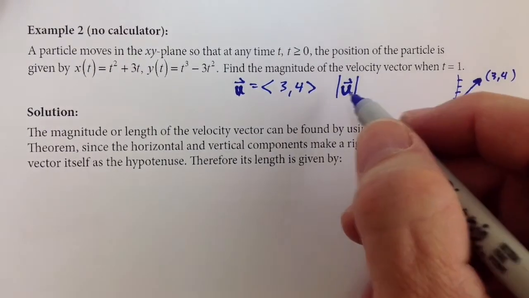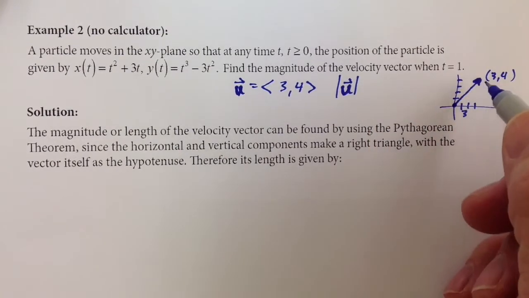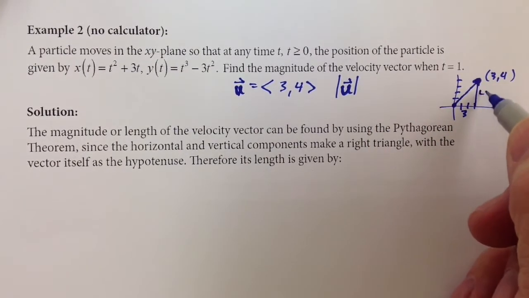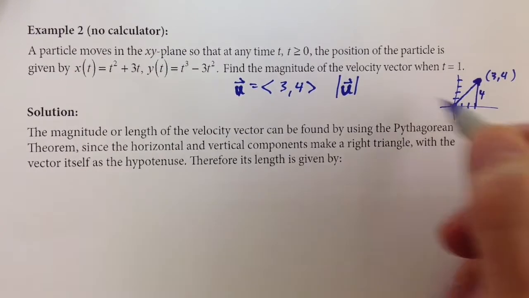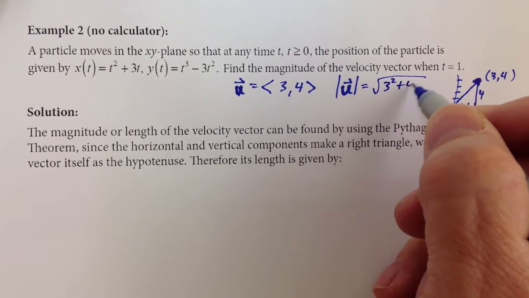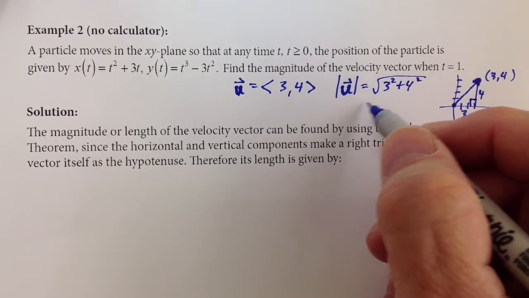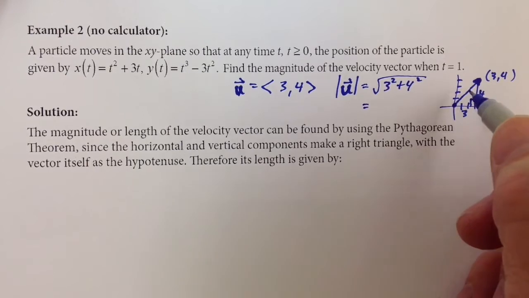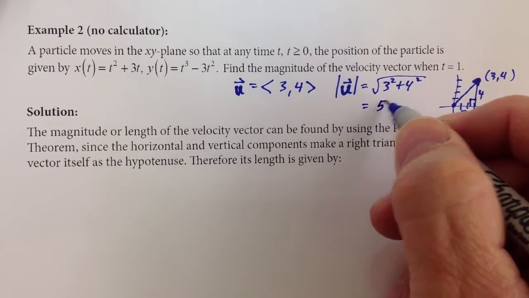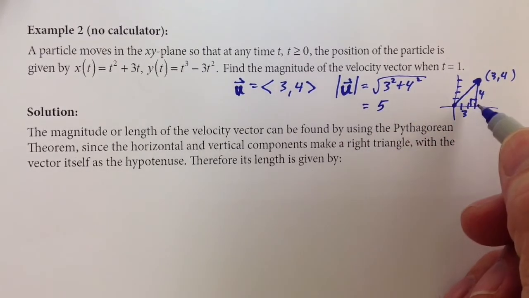And if you wanted to know the magnitude of this vector, you could use the Pythagorean theorem. It would be 3 squared plus 4 squared, or you could recognize this is a right triangle, and we have a 3, 4, 5 Pythagorean triple, so we know that the magnitude of vector u is 5.